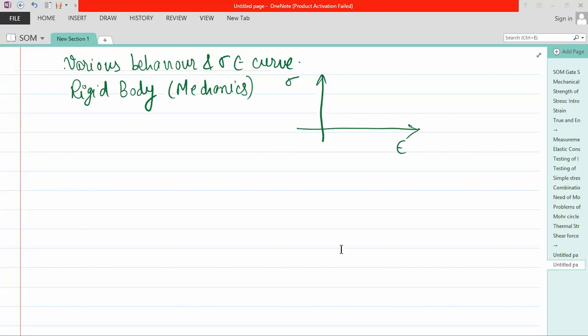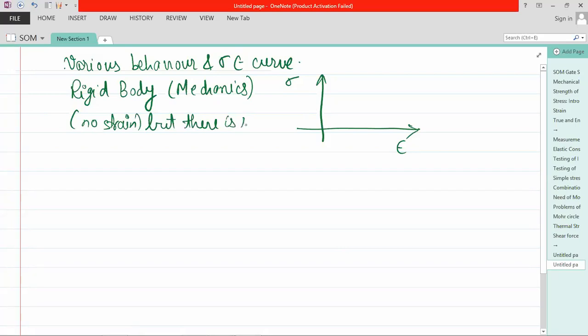Okay, straight line is a very general term. Which straight line? So let me go with it. In a rigid body there is no strain, but there is stress, as I told in the first lecture. So it is a line along this axis, the sigma axis.